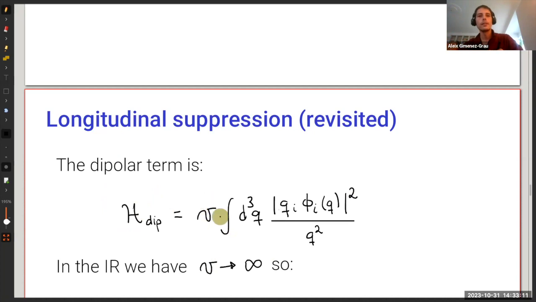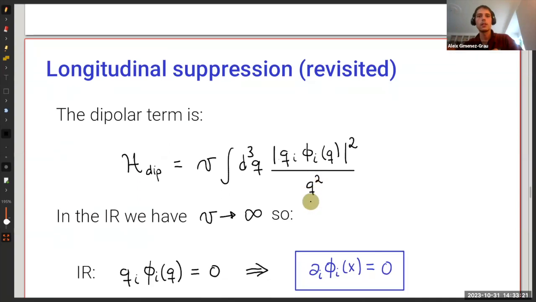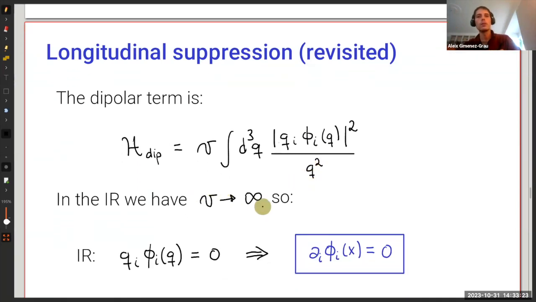When V goes to infinity, we can think of this as a constraint that forces Q_i times phi_i to be 0 at the fixed point. In other words, in position space, this translates into the fact that phi_i has to be conserved.